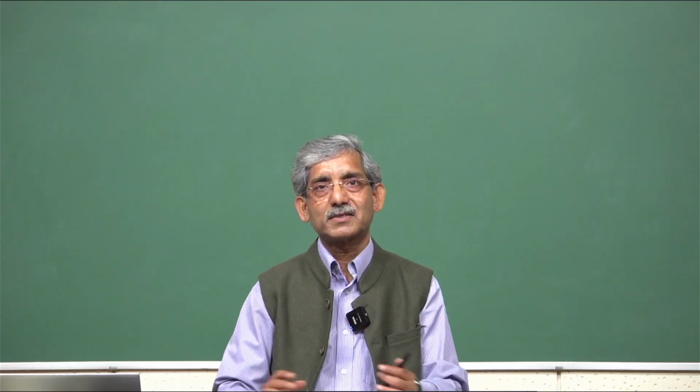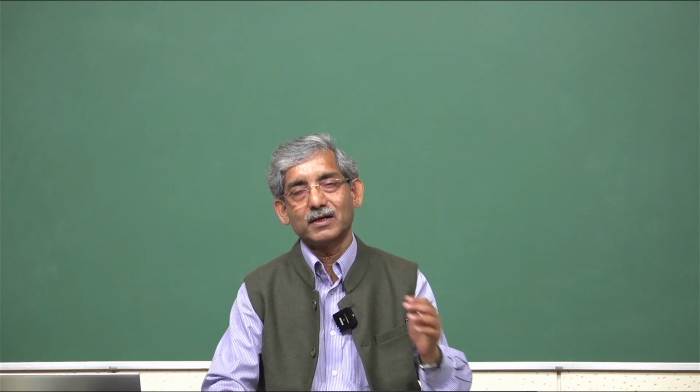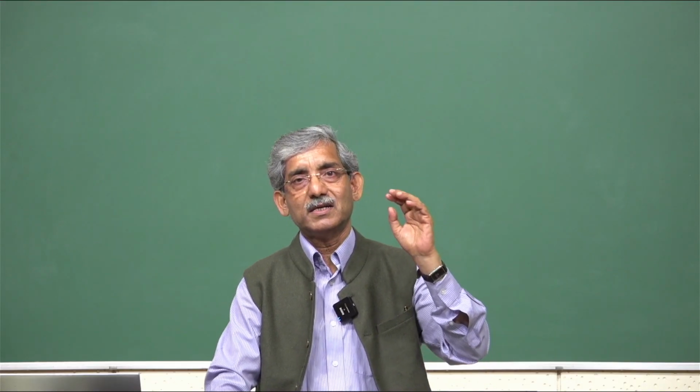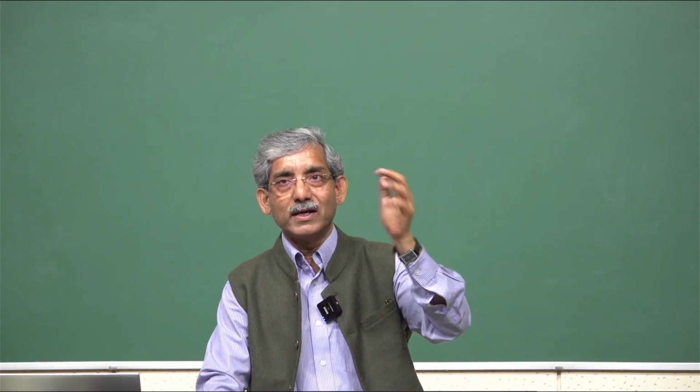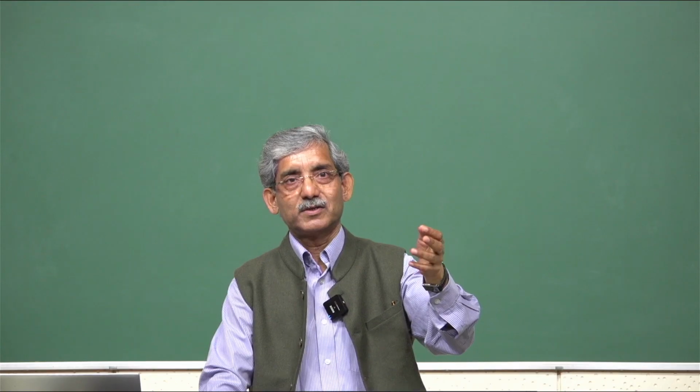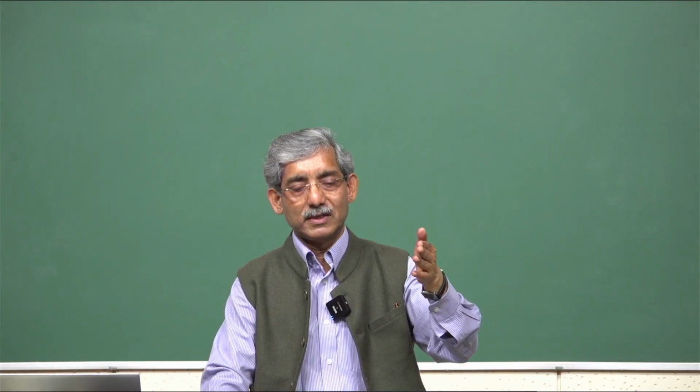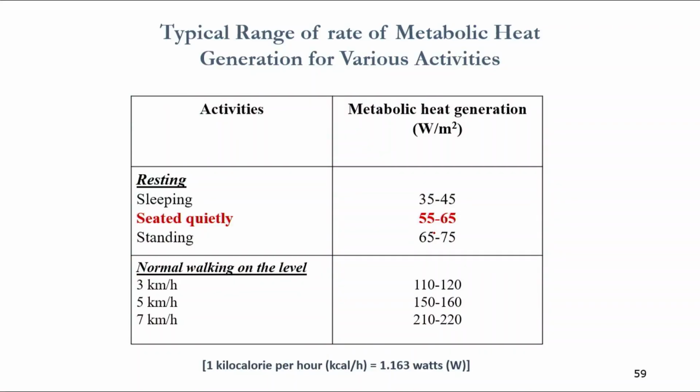Now, we must understand our body's metabolic heat generation while wearing protective textiles. It is very important. If we sit quietly, we generate metabolic heat of 55 to 65 watt per square meter.